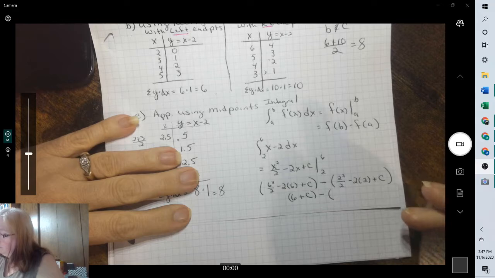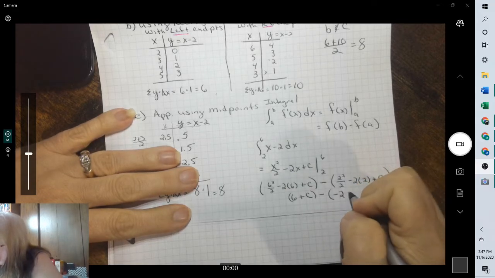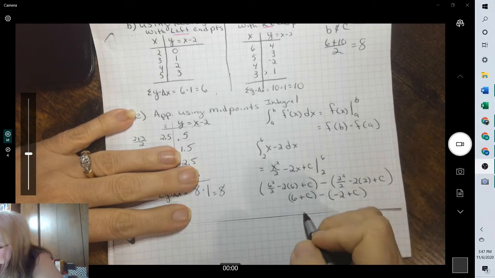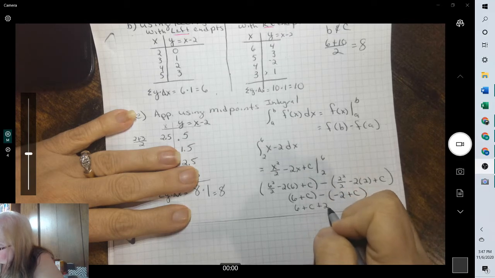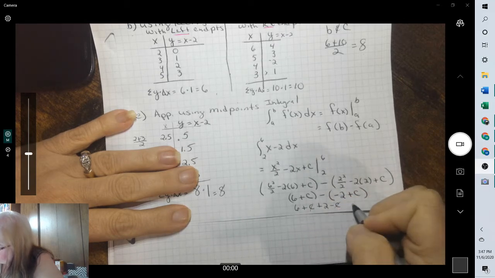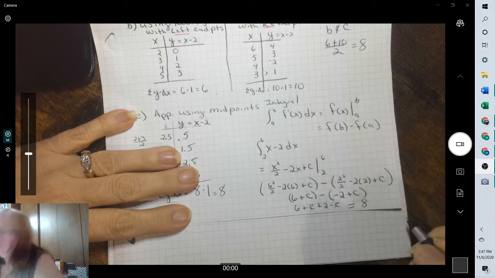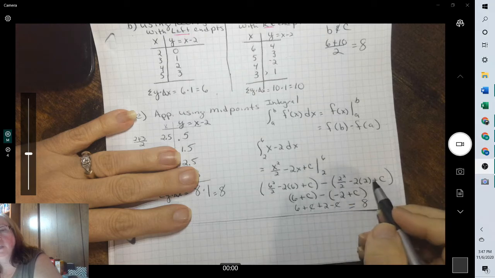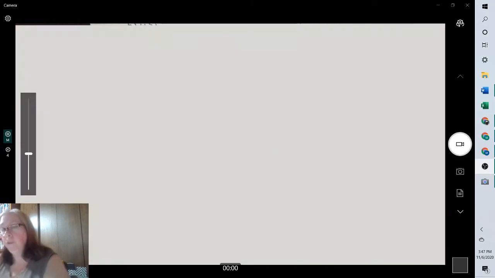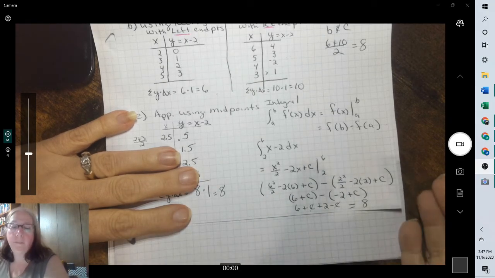Minus 4, negative 2 plus c. 6 plus c plus 2 minus c. The c's cancel. 8. So it's another way of doing it. Now the c's, they will always cancel, so when you're plugging in values, you don't need the c. Let's try another one.